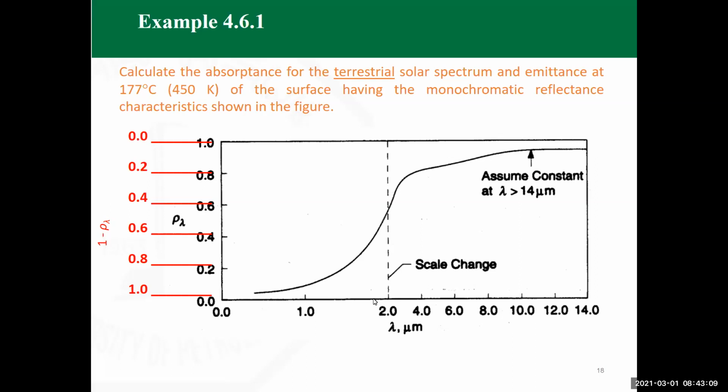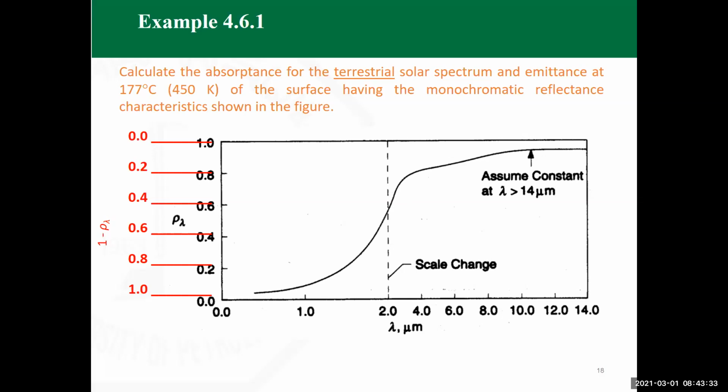It keeps on increasing up to a certain wavelength. Here the scale has changed, and the reflectivity increases a little bit and then is kept constant.